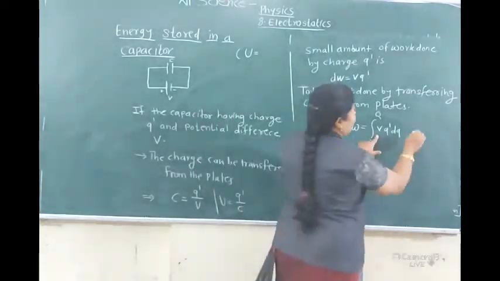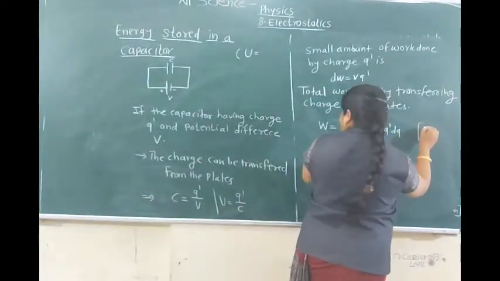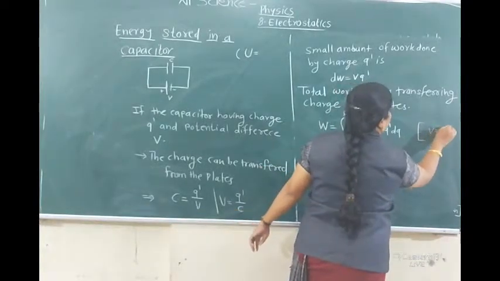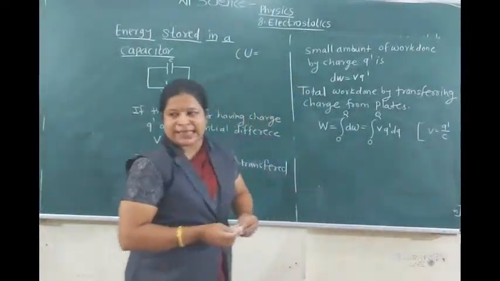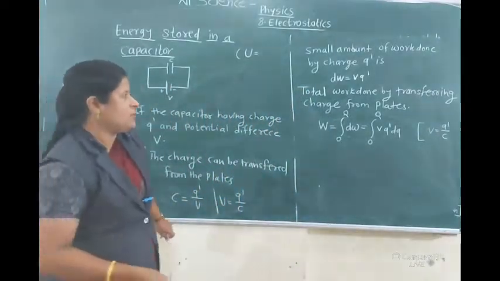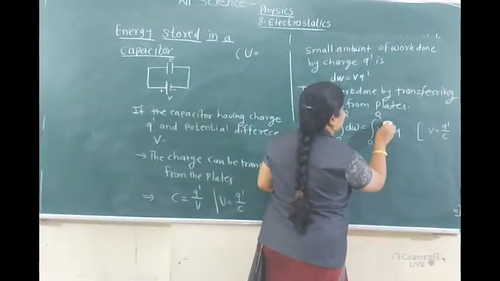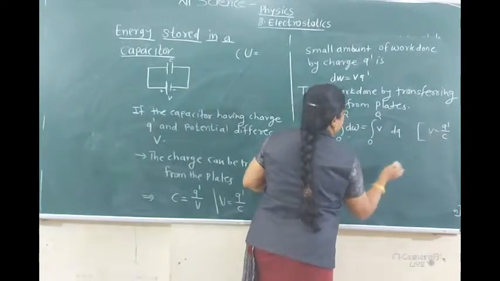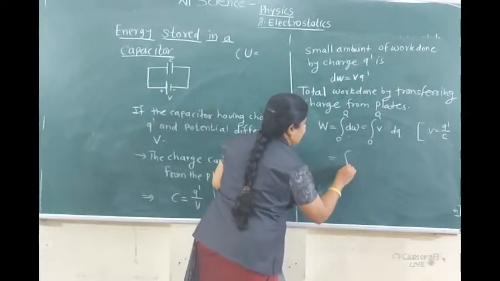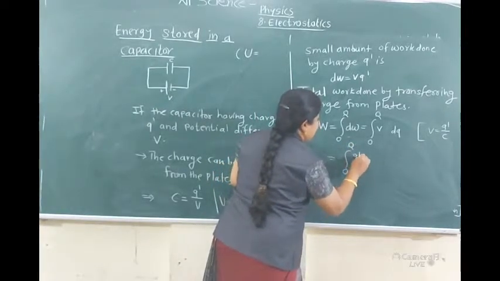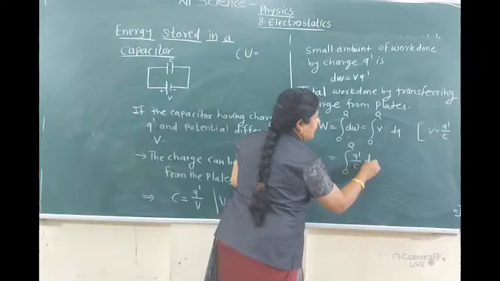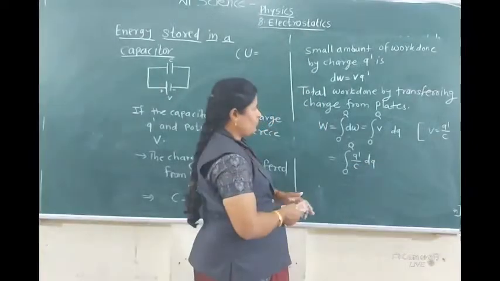So we know that phi is equal to Q dash divided by C. P is equal to Q dash divided by C. So we get the equation, integration of 0 to Q dash divided by C into dq.